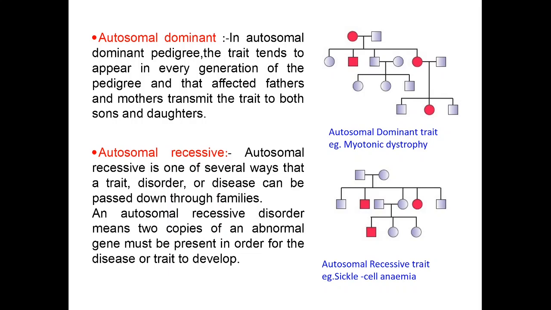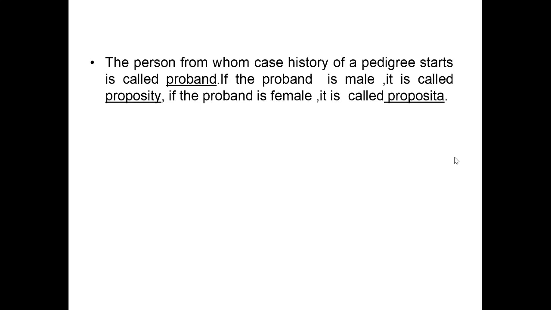Its example is sickle cell anemia. The person from whom the case history of a pedigree starts is called the proband. If the proband is male, it is called propositus. If the proband is female, it is called proposita.